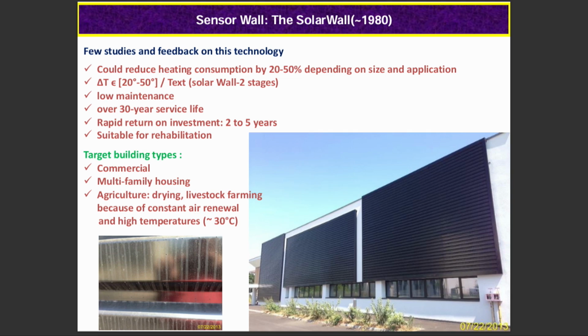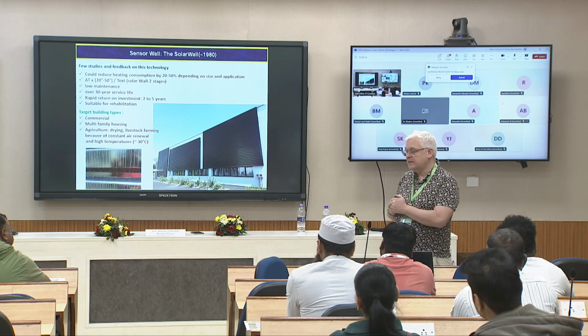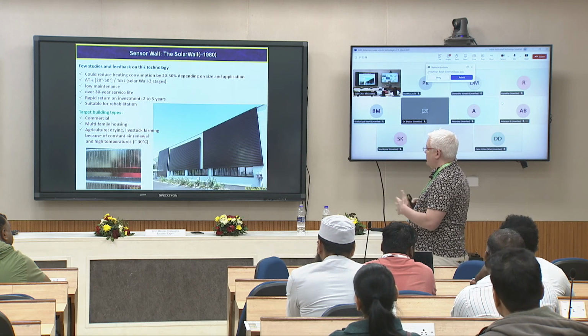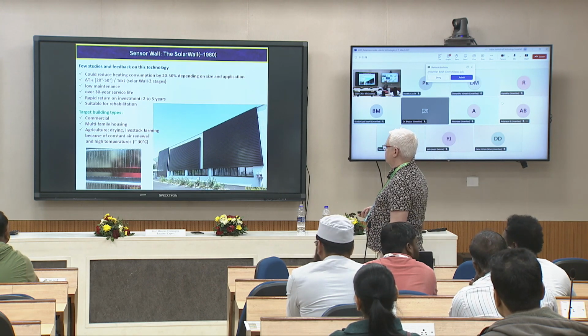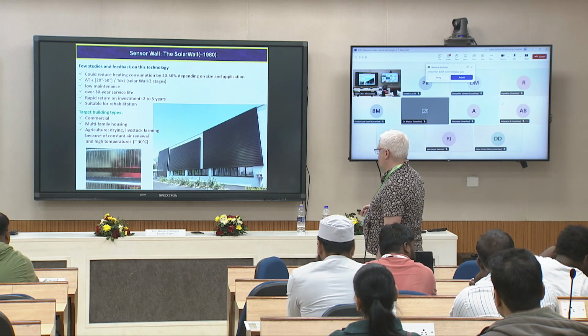The target of such components is more tertiary buildings, office buildings, commercial, agriculture also could be interesting, if you want to maintain a certain level of temperature in a big space, and it's quite robust.